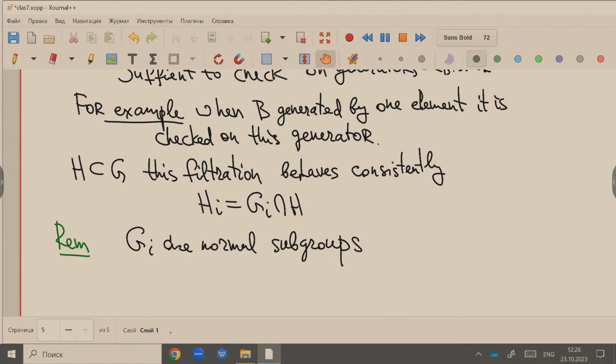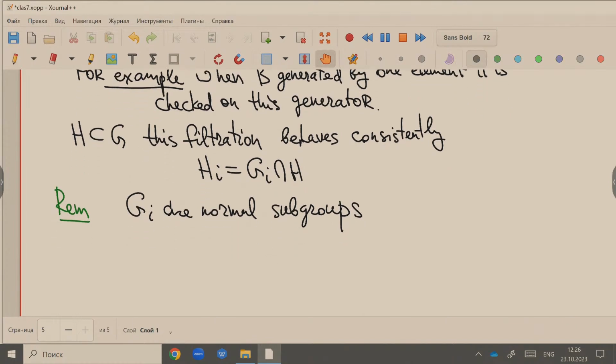normal subgroups in G beta, just because G beta keeps the corresponding filtration. So if you conjugate, that means that GI is what?